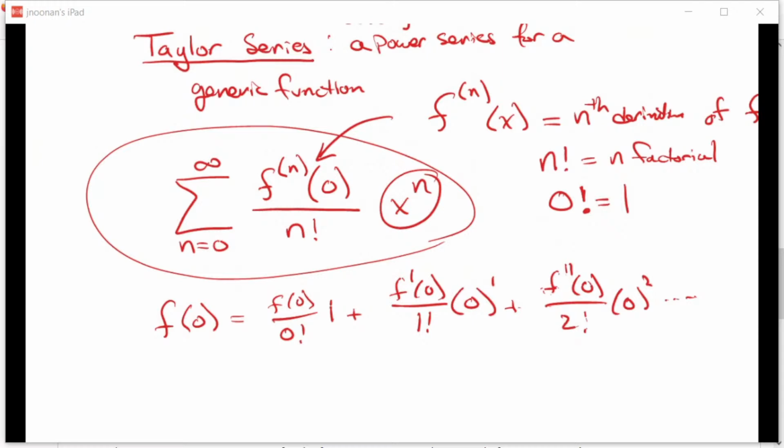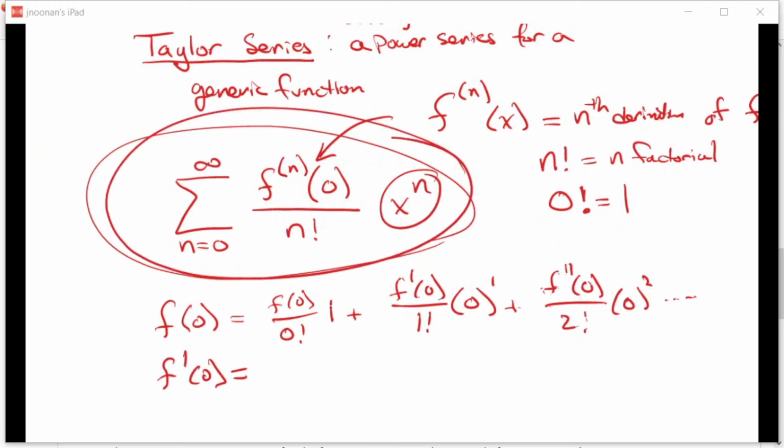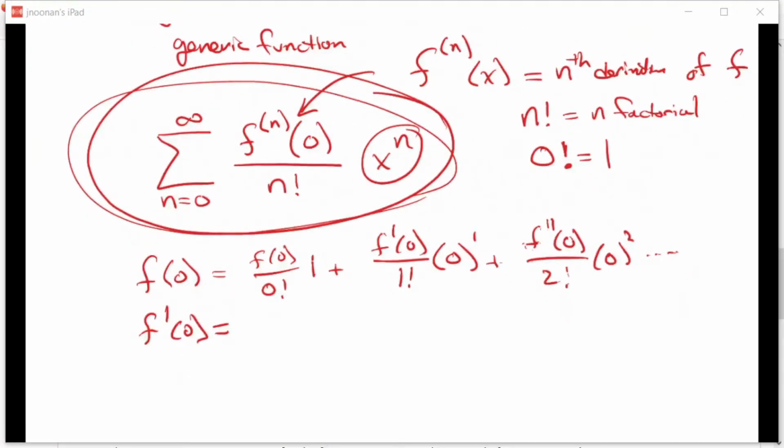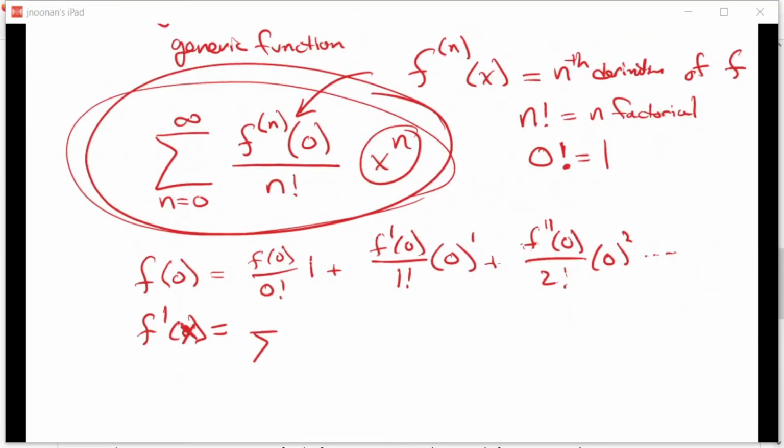But I can say this: f prime of 0 is what you get when you do the derivative of this. First of all, let me do f prime of x. So do the derivative of this, and you get the sum, where n goes from 0 to infinity, of f^(n) of 0 over n factorial times n x to the n minus 1.